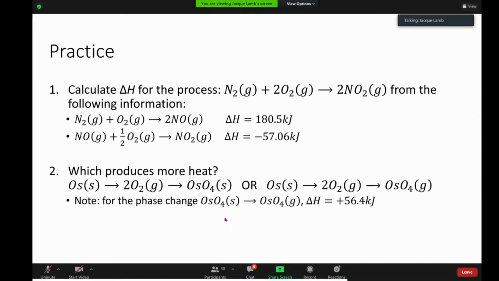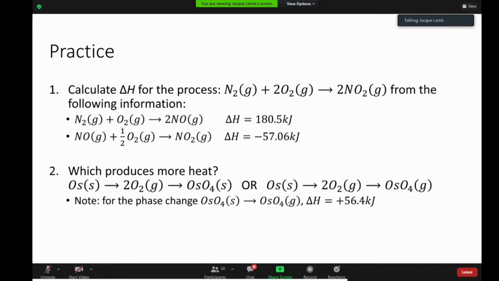Okay, so note it says that there's a phase change going from OsO4 solid to osmium oxide gas. That means this plus sign means that it takes energy. There's an input of energy to convert the solid to the gas. And that makes sense.